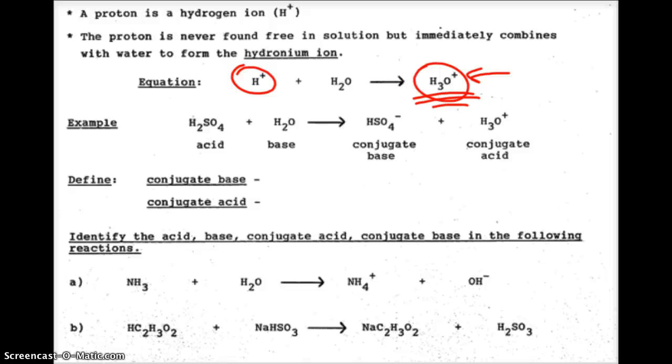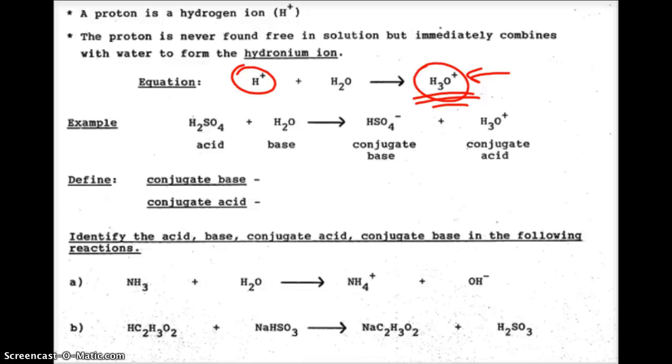So for example, if we have sulfuric acid, H2SO4, reacts with water acting as a base, we form this conjugate acid, as we call it over here, H3O+, and this HSO4-. So they're labeled conjugate acids and bases, because they go together in a pairing.